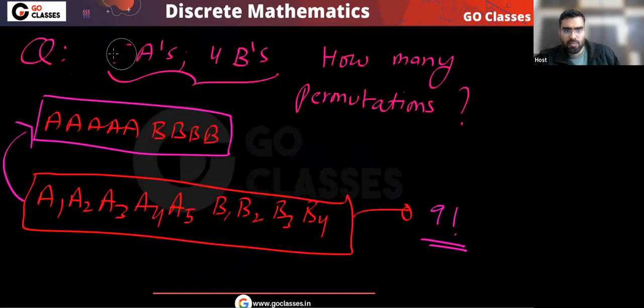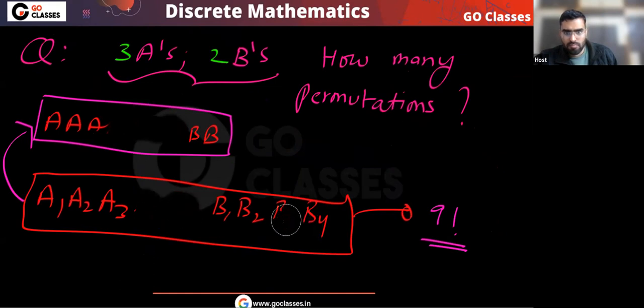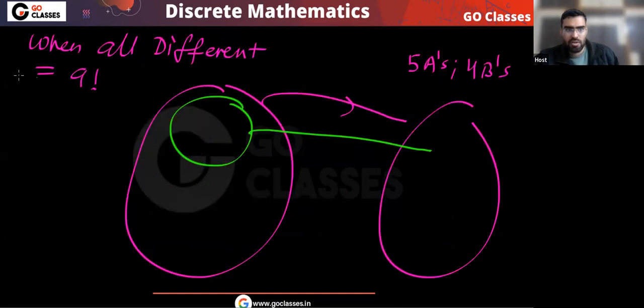Okay, let me take a small example so that you can understand this. Let's assume 3 A's and 2 B's. You can notice this is 5 factorial.